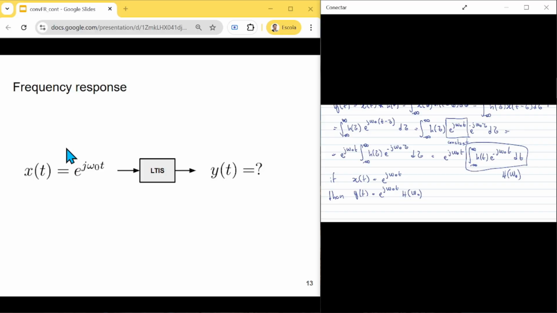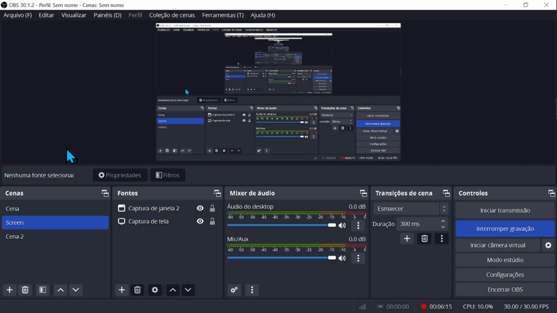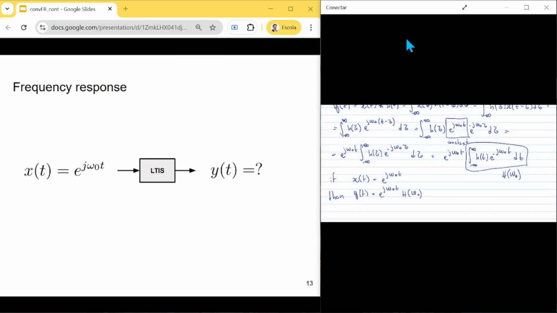So the value of this scalar depends on the frequency, of course, and it will just distort the exponential. So it will impose some amplitude gain and some phase.